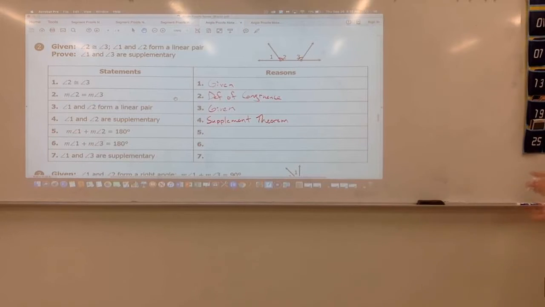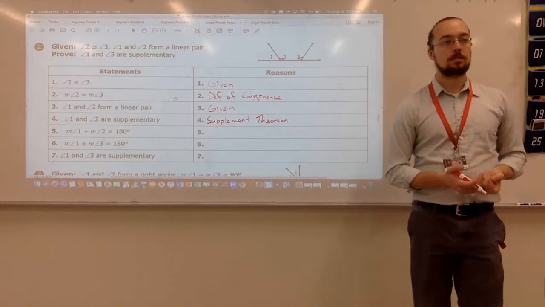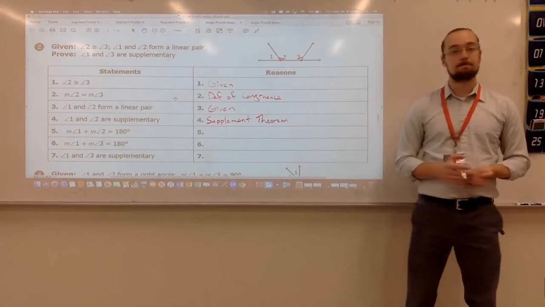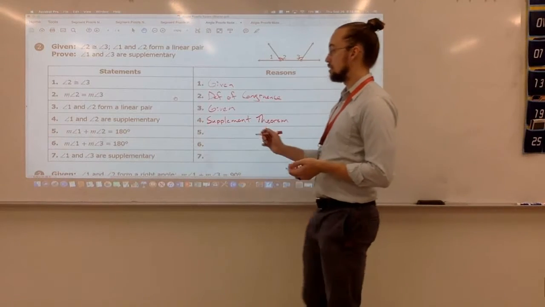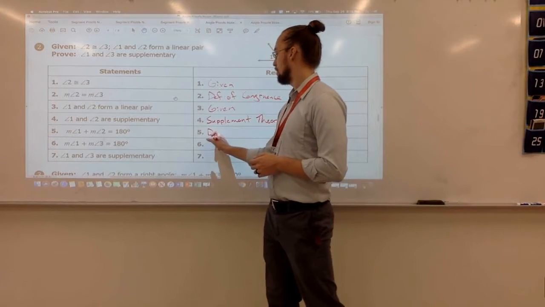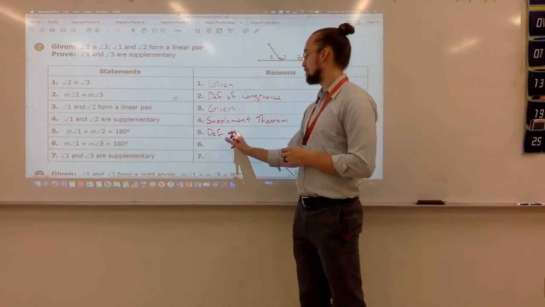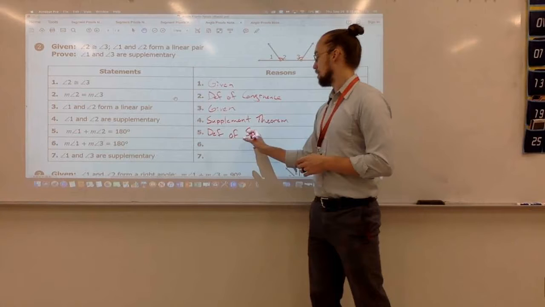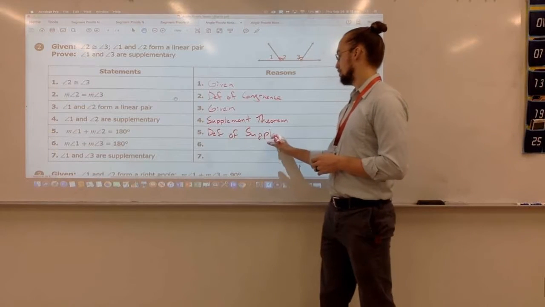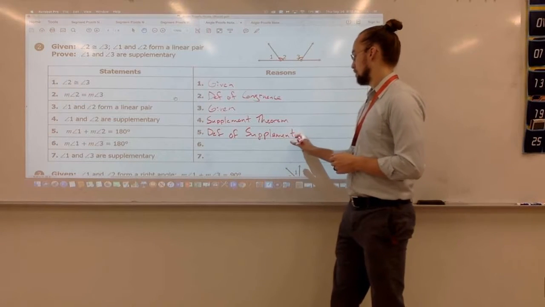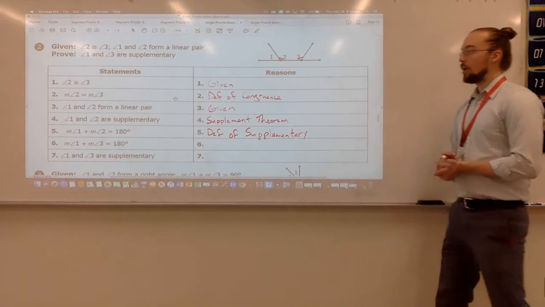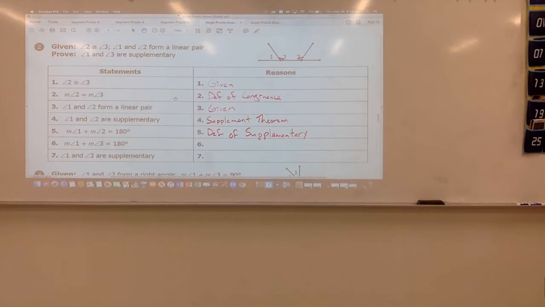Well, then they claim that their measures add to 180. How can we do that? Definition of supplementary. If I know two angles are supplementary, then their measures add to 180, because that's just what supplementary means. Now they claim that the measure of angle 1 plus the measure of angle 3 is 180.